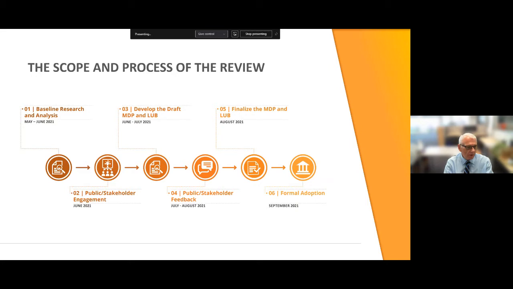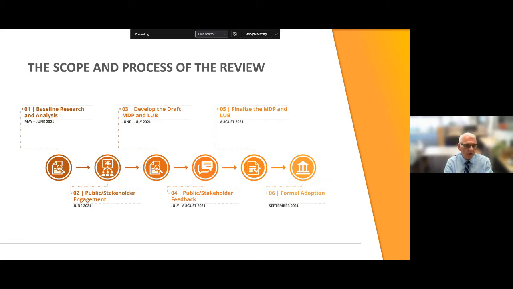At the same time, as we collect that information, we then begin the writing of the municipal development plan and land use bylaw with the comments that we've received and the information that we've gathered. So we'll do that in June and July, and then we'll bring it back to the public to say, here's what we've heard, here's how we've applied it, tell us what your thoughts are on the drafted documents.